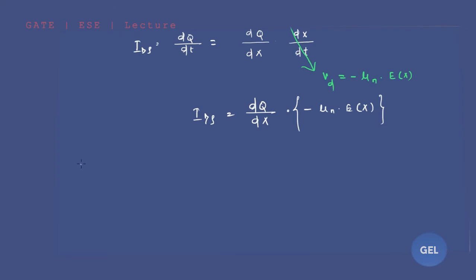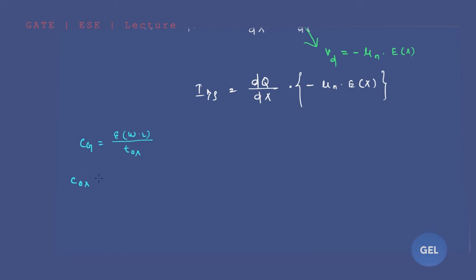In the previous video lecture we have studied Cg equals C naught x into W into L. In the previous lecture we have discussed that C naught x is nothing but Cg by W into L. Correct?